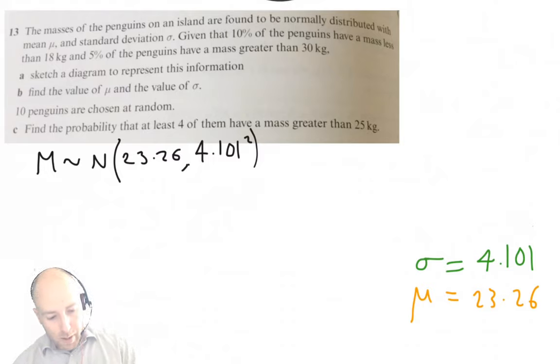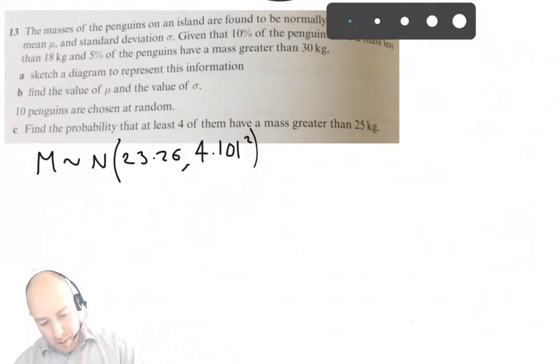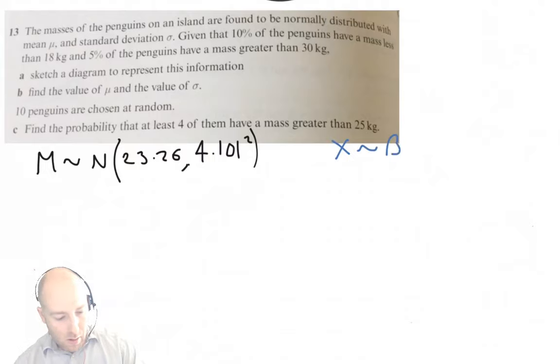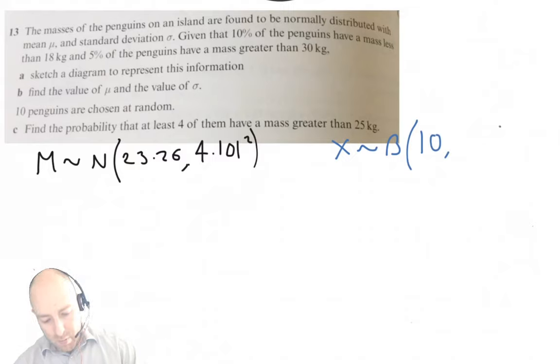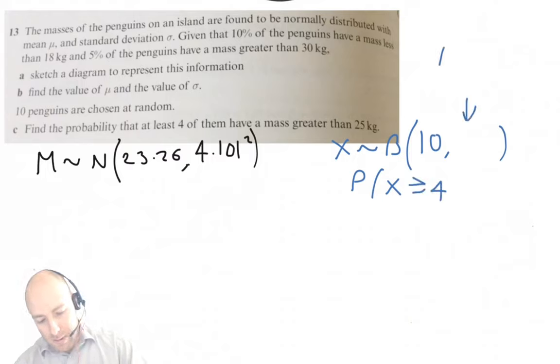And we are then going to be solving on the other side a binomial. So X is a binomial. We've got 10 penguins and we don't know the probability. And we want to find the probability that X is greater than or equal to 4. And the probability we need is the probability that their mass is greater than 25.